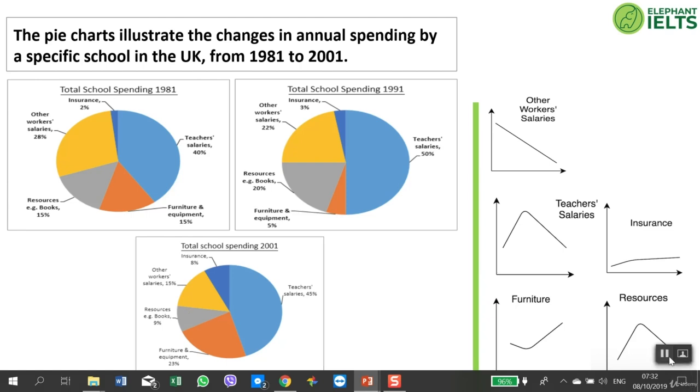So it would look something like that. So you can see these 5 different line graphs show the trend for each area of spending of the school. So try and do this by yourselves and check your answer in the ebook.